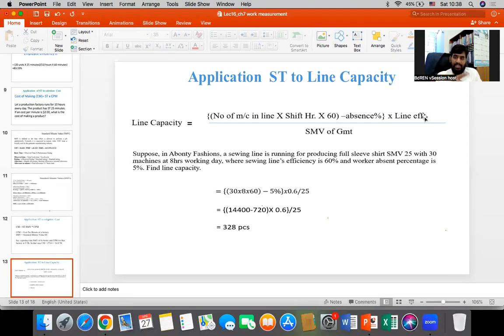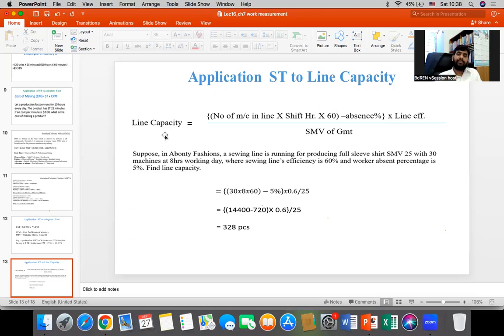I can say which section is better, which section has more efficiency than your section. Similarly, this is line efficiency. There are different lines, so which line has what percentage of efficiency? And divided by the assembly time, then you will get the line capacity. What is the capacity of a production line, an assembly line?